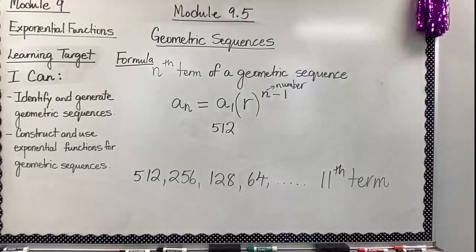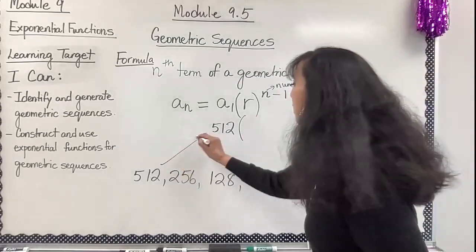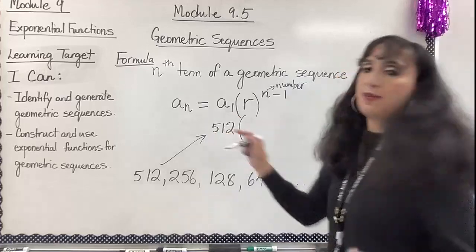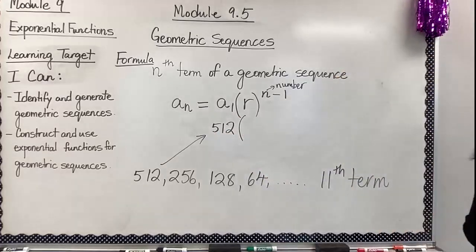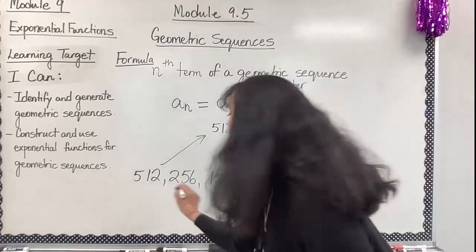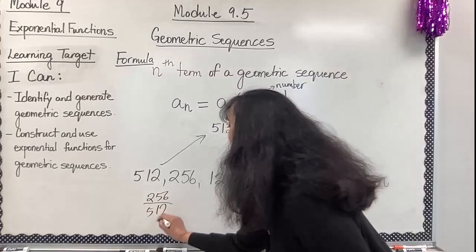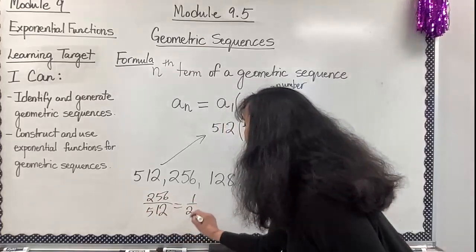Now let's find what the common ratio is. This is my first number in the sequence, my A1. Let's look at our common ratio. If I take 256 and divide by 512, I get 1/2.